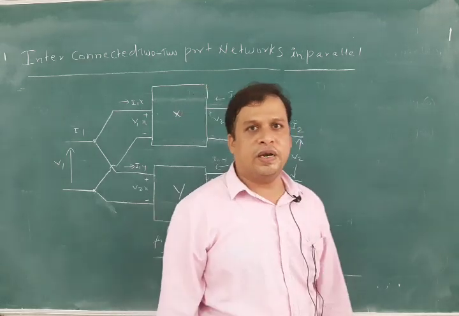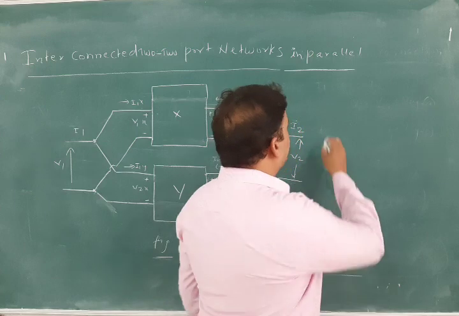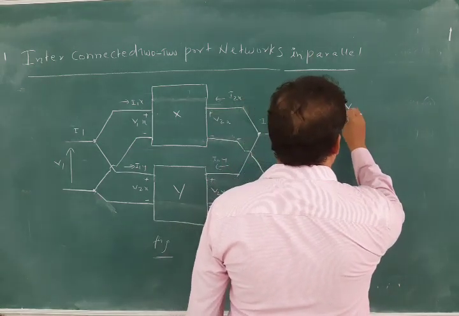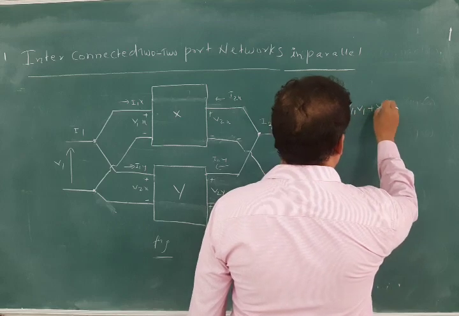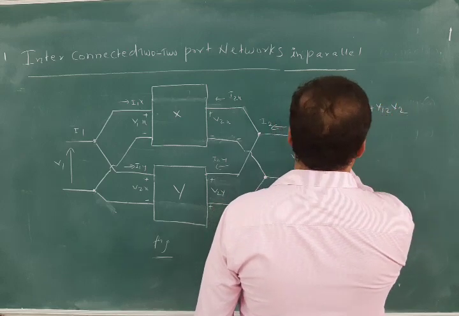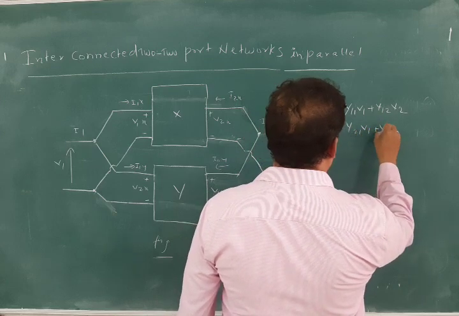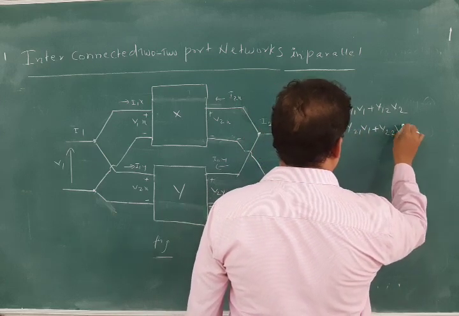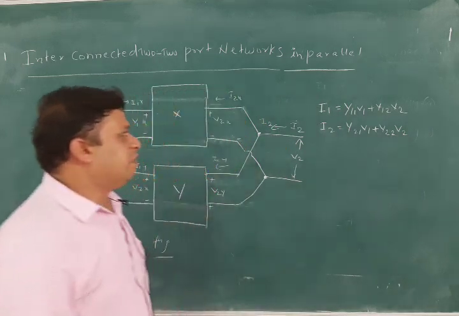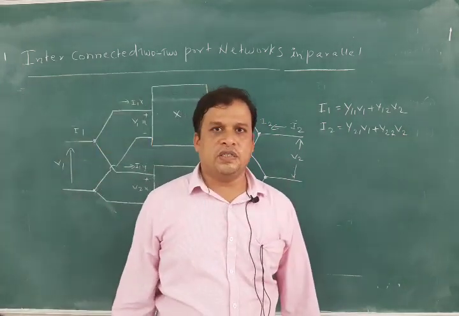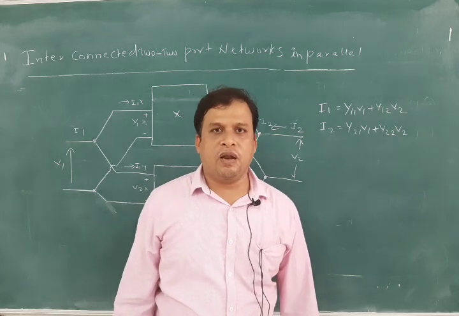We have the Y parameter equations: I1 is equal to Y11 V1 plus Y12 V2, and I2 is equal to Y21 V1 plus Y22 V2. After writing these equations, we have to see how the equations are written in parallel. In parallel, what happens to the current?